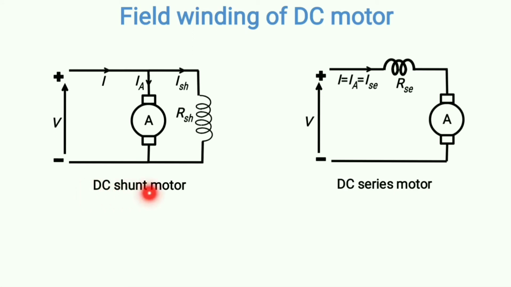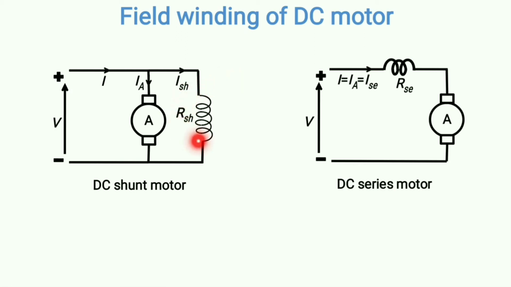So this is DC shunt motor, this is DC series motor, and as you can see, in that case this field winding has more number of turns, compared to that in case of DC series motor, it has lesser number of turns. And not only that, in that case the winding thickness is very high compared to this.